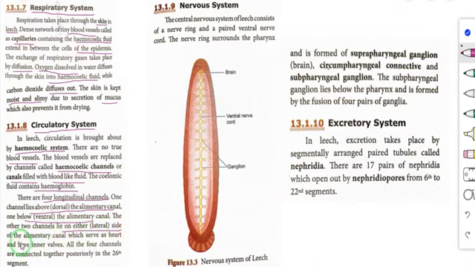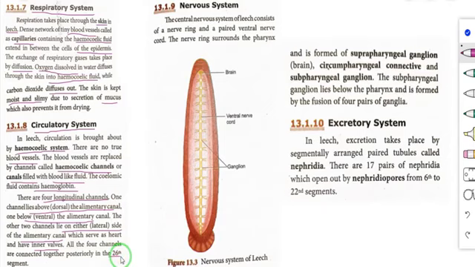These channels serve like a heart and have inner valves. All the 4 channels are connected together posteriorly in which region?